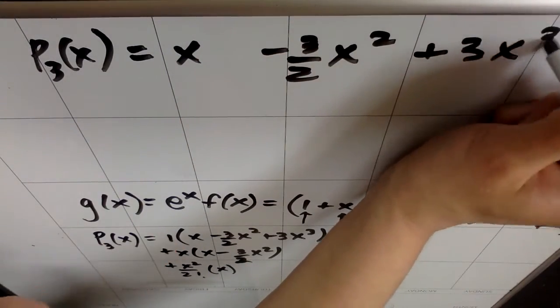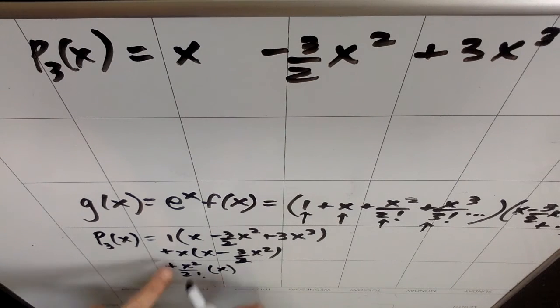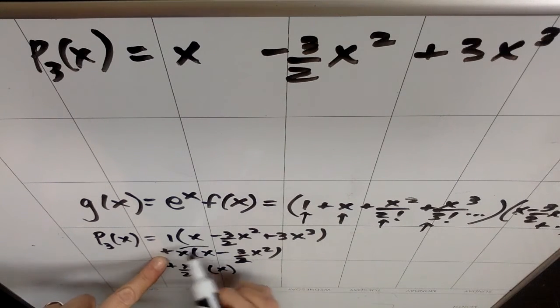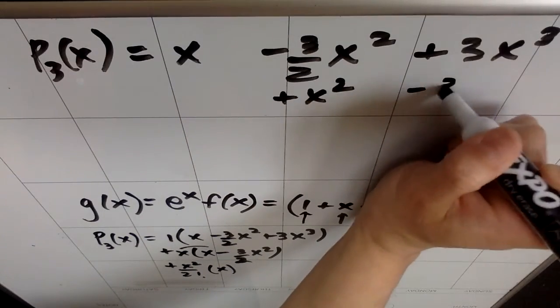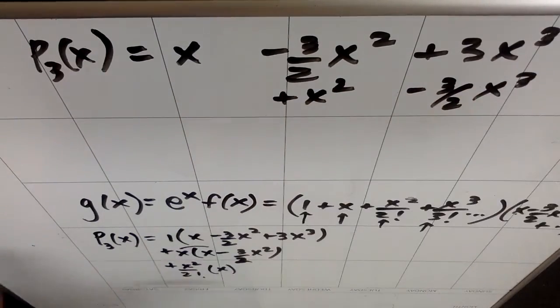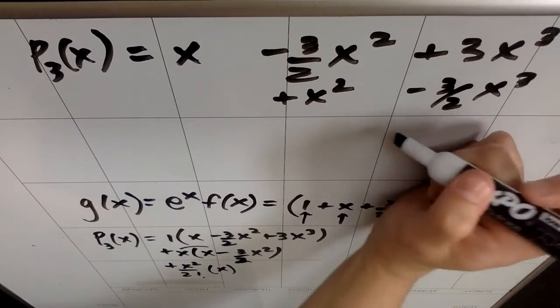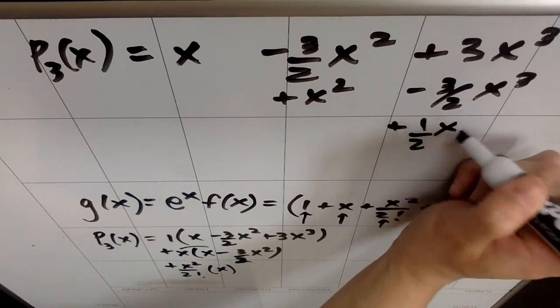Now notice I'm giving myself some space. I'm going to add to that, when I distribute this, an x squared and a negative 3 halves x cubed. And the last one is a plus 1/2 x cubed.